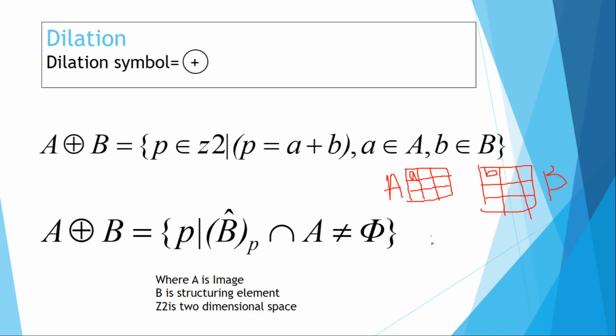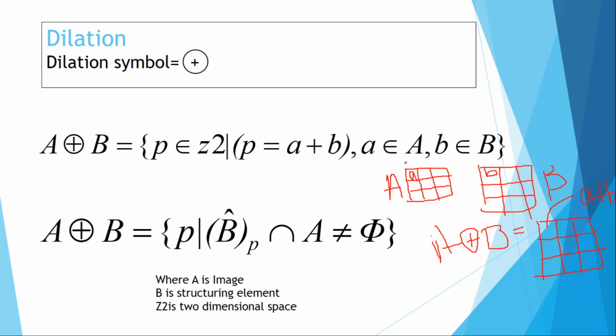The resultant pixel of A dilation B is a plus b.